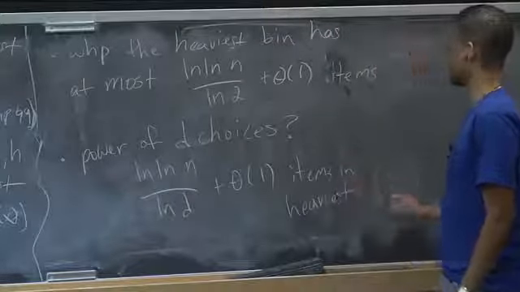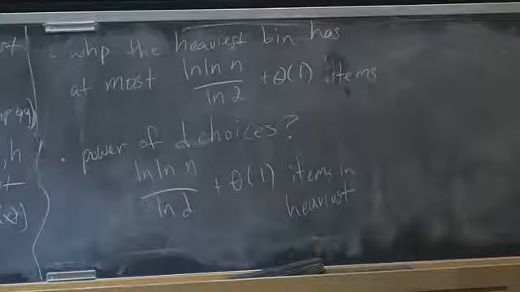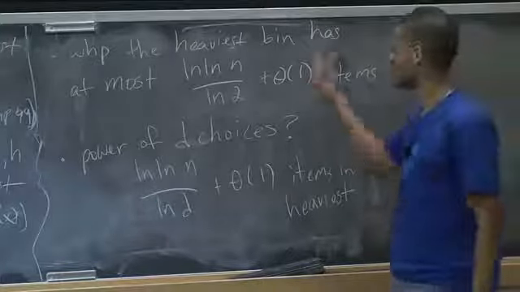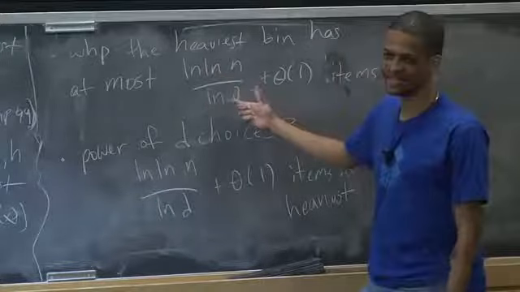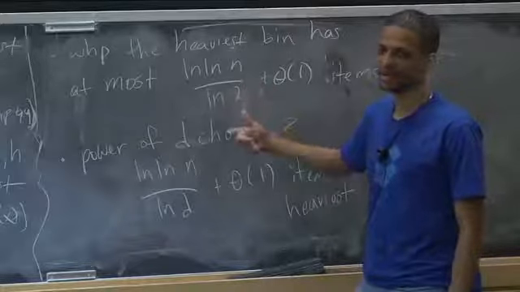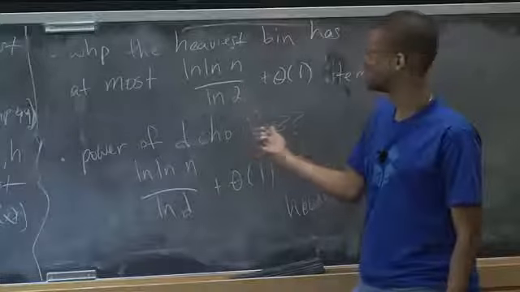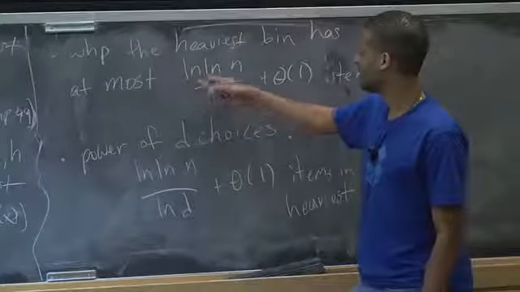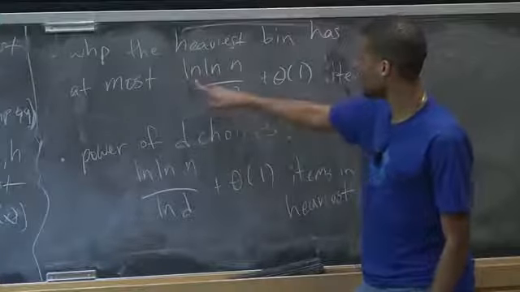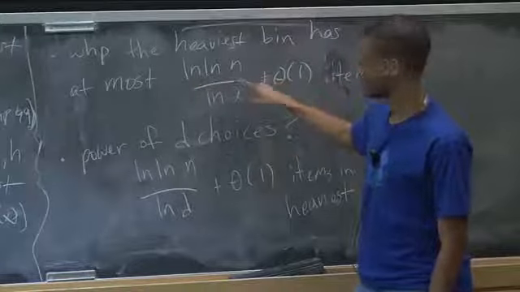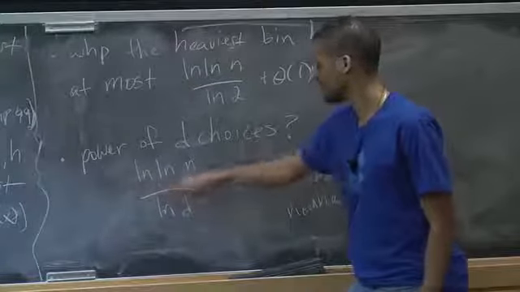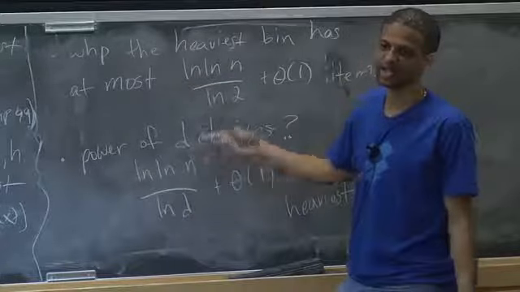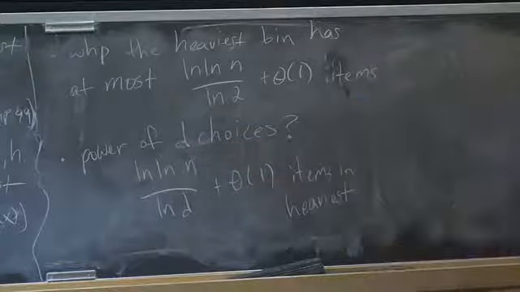When you went from one choice to two choices, you went from roughly log n over log log n to log log n. But when you go from 2 to 3 choices or 2 to d choices, you're really only changing the base of the log, right? This ln ln n over ln 2 is just log base 2 of ln n, whereas this over ln d is log base d of ln n. So you're just changing the base of the log, which is a constant factor.